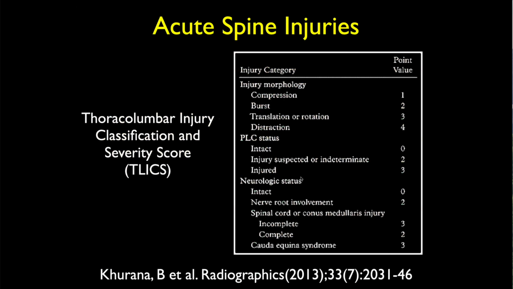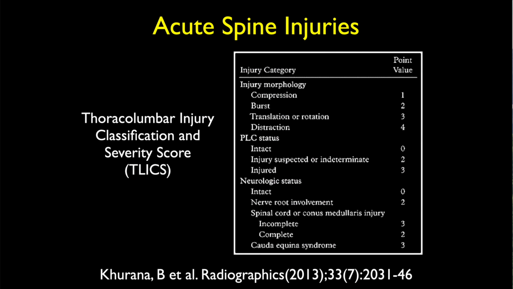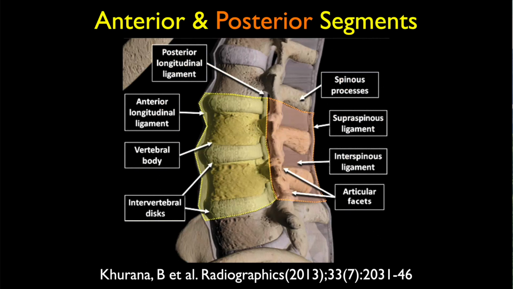And then the neurologic status: intact, nerve root symptoms, spinal cord or conus medullaris type injury, incomplete or complete, and then cauda equina syndrome. Each of these has a number, and you add them up, as I'll show in a minute, and that can help determine whether you need surgery or not based upon this particular paper.